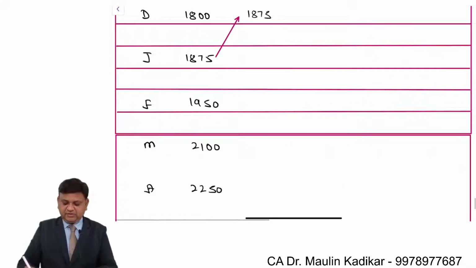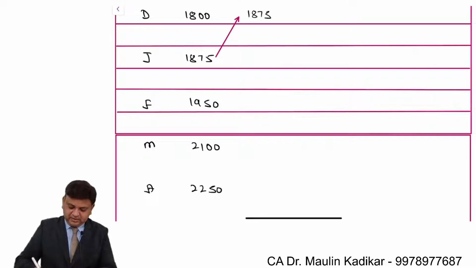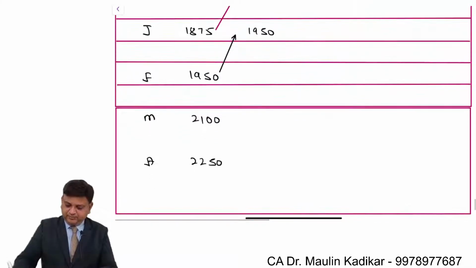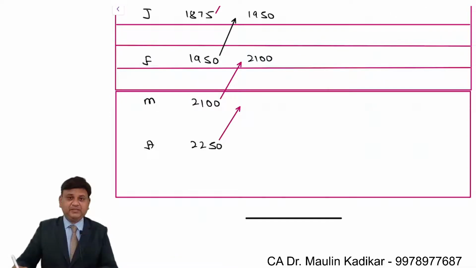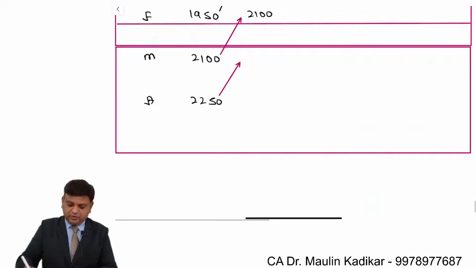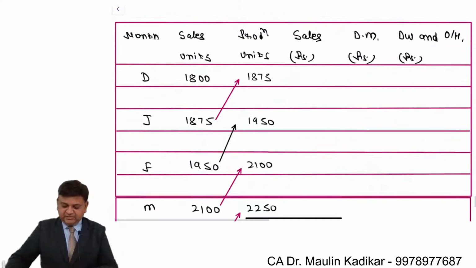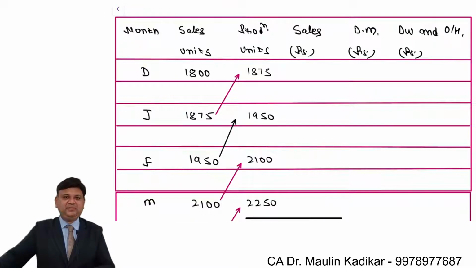In the month of January, we are going to have the production equal to the sales of February, that is 1950. Then again, in the month of February, production will be 2100 number of units. Next, in the month of April, whatever the sales that we have, that we are going to produce in March, that is 2250. This is the way we will have the production on monthly basis.